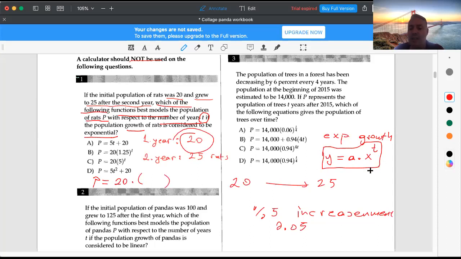X is the rate. Since this is increasing 5%, original is 1, and 5% increasing means 0.05. So it will be 1.05. That means 1.05 I have to write here. And in how many years? It says t years, so I put here t. So the answer of the question will be B.